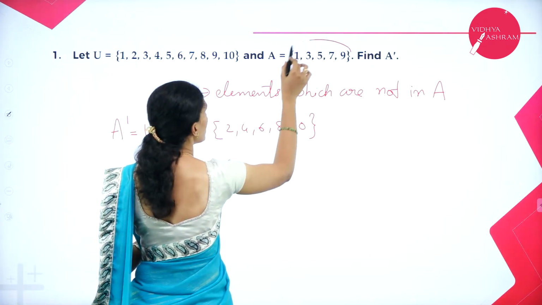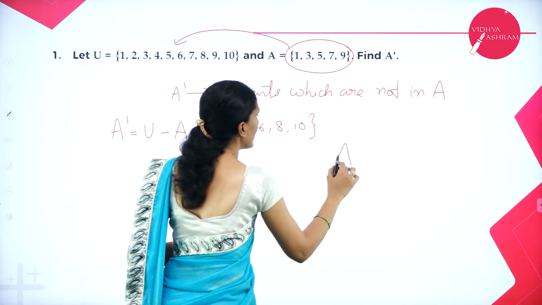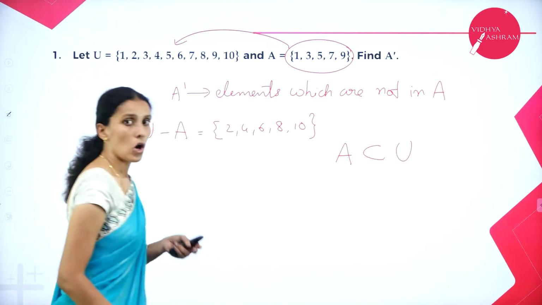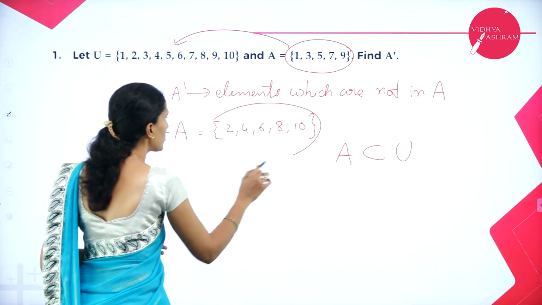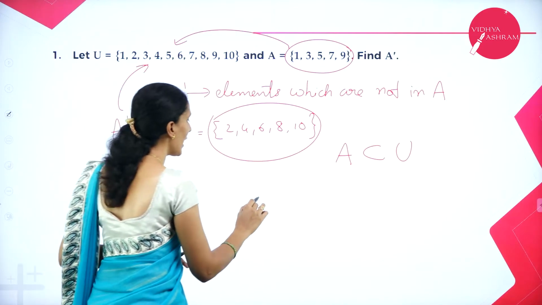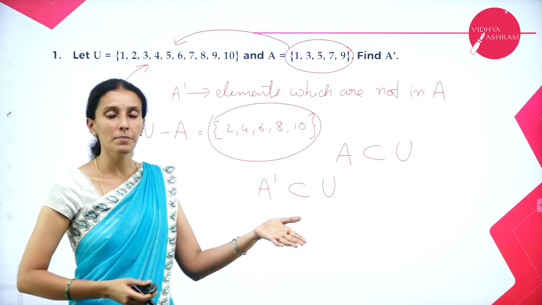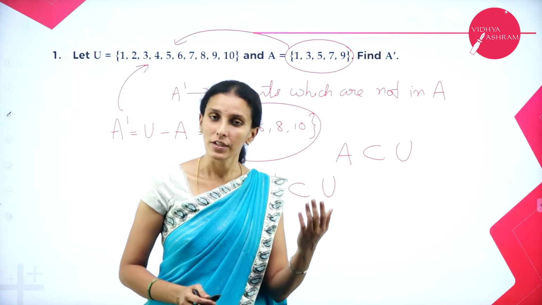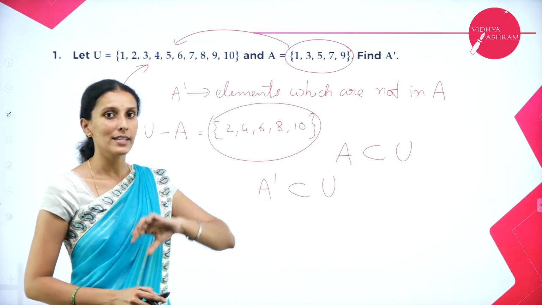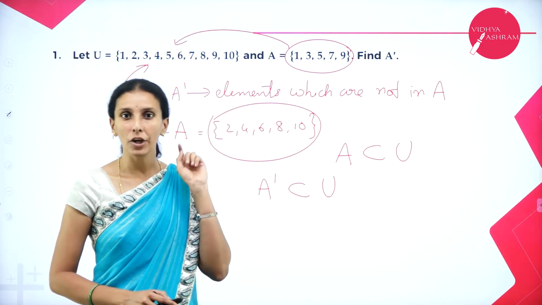Since all the elements of A are in U, we can say A is a subset of U. Also, you can see all the elements of A dash are also in U. Therefore, A dash is also a subset of U, because every element of A or A dash is present inside U.